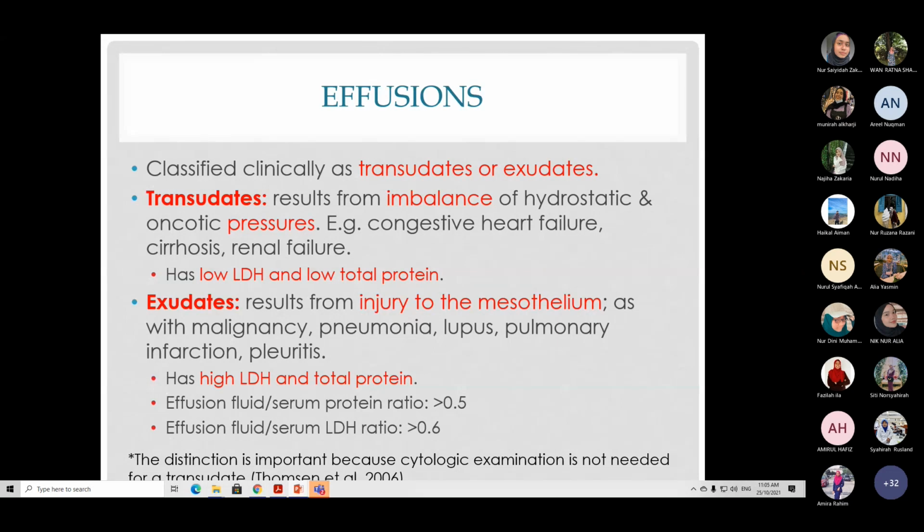We want to focus on the exudate. Okay, not the transudate. Okay, so exudate has high LDH and total protein. So the effusion fluid to serum protein ratio is more than 0.5 and more than 0.6 for the ratio of fluid to serum LDH. So that's the difference between transudate and exudates.